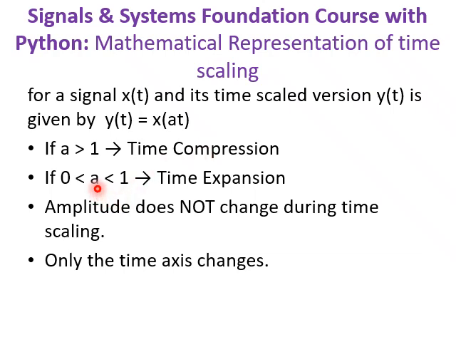And similarly, if a is less than 1 but positive, in that case the signal will be expanded, or we'll have the time expansion. So remember that there's no change in the amplitude during time scaling. Only the time axis is changed.